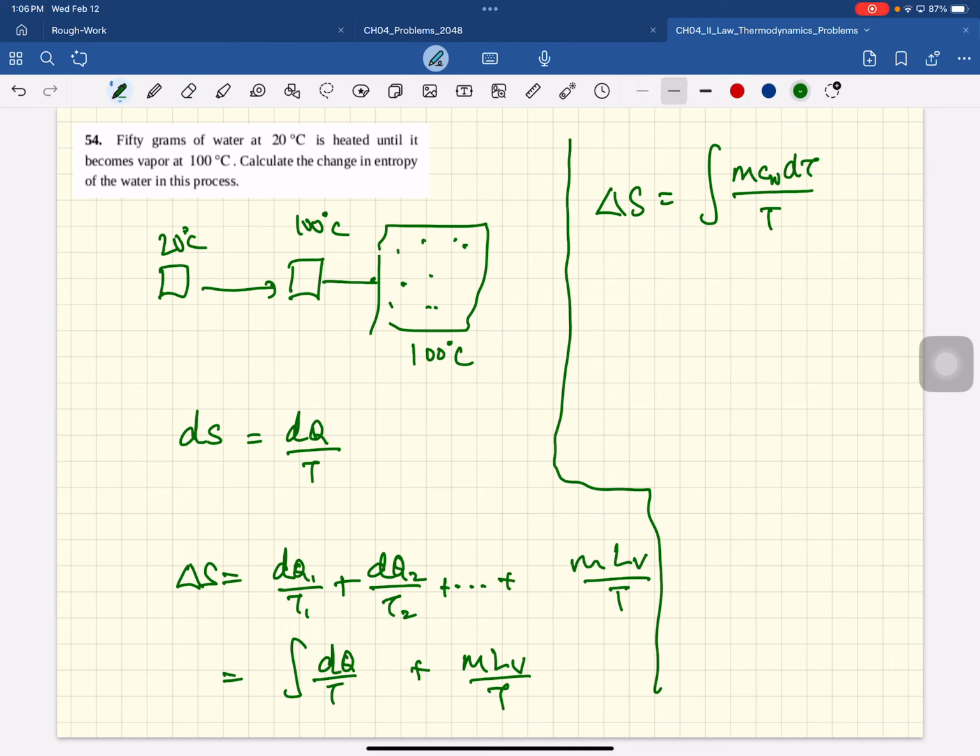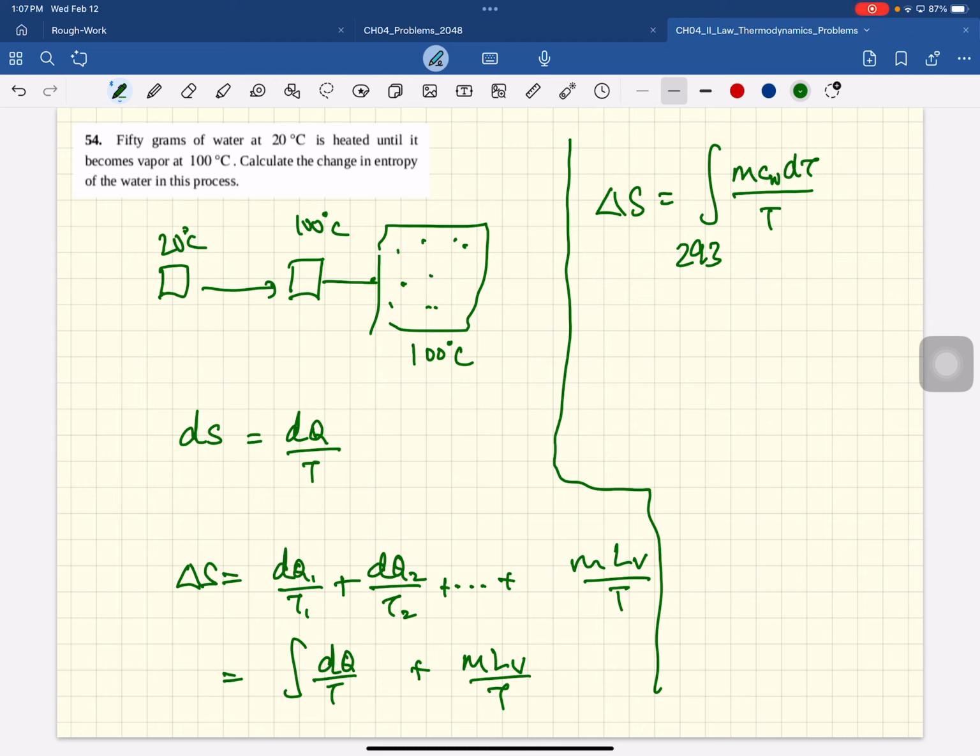What was the initial temperature? What are the limits for the integral? 20 to 100, at least in Celsius, but you have to change it to Kelvin. Very good. That's what I was looking for.